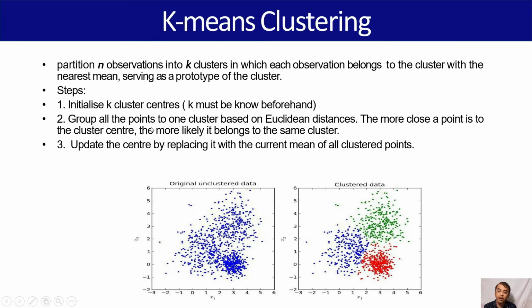Step 2, group all the points to one cluster based on Euclidean distances. The closer a point is to the cluster center, the more likely it belongs to the same cluster. Number 3, update the center by replacing it with the current mean of all cluster points. Guys, you can see the pictures. So there is the green cluster, you have the blue cluster, you have the red cluster, like this.